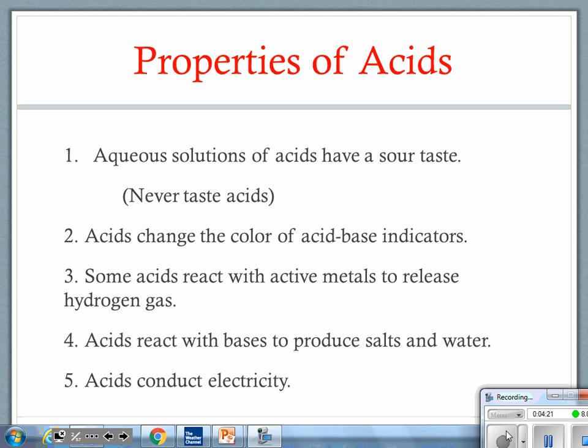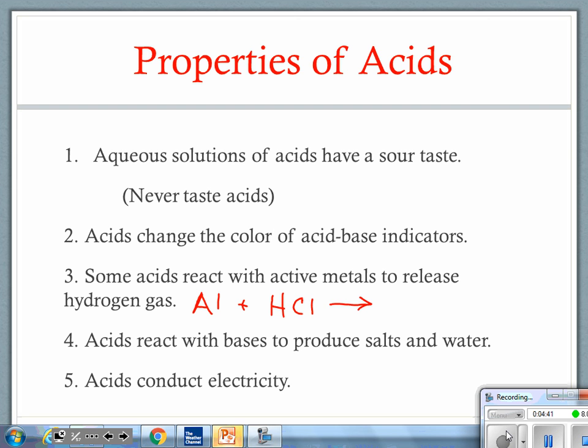Some acids react with active metals to release hydrogen gas. I used to do a demo, I don't do it anymore, in which we took aluminum foil and reacted it with hydrochloric acid.